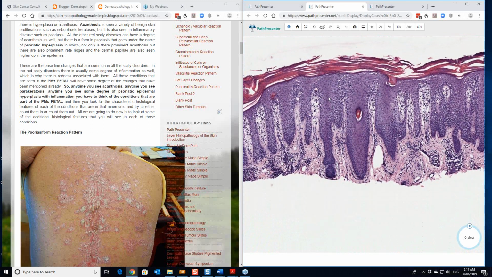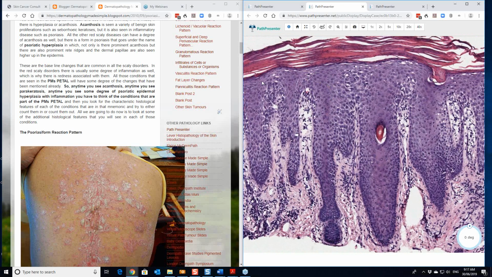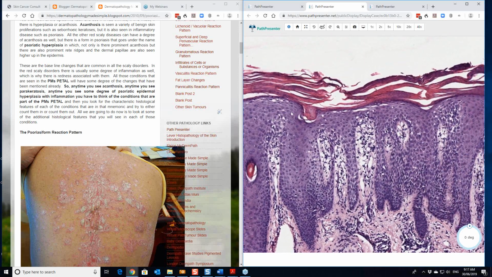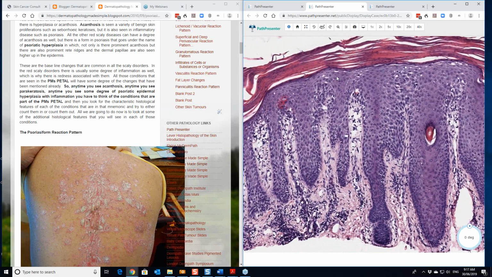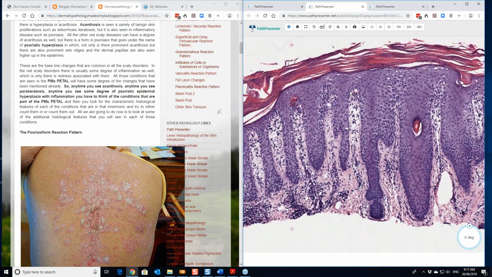The other characteristic feature of psoriasis, by the way, is the lack of a stratum granulosum. And you usually have this confluent parakeratosis. In other words, it's running all the way along the surface, and lack of a granular layer. Or if there is one, it's a very minor granular layer. So that's another feature that you look for as well.